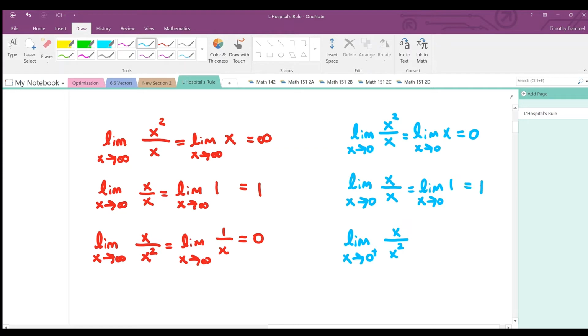Well, that's just 1. And then here I made this a right-hand limit so that I could actually say that the limit was infinity or minus infinity. But the point is it's hard to determine what this limit's going to be just based on the fact that it's of the form 0 over 0. That's really the point here.